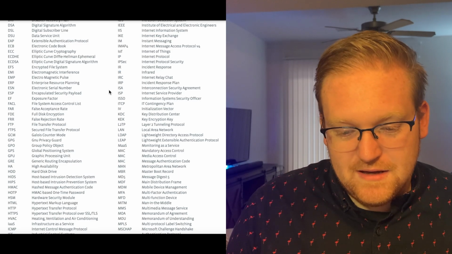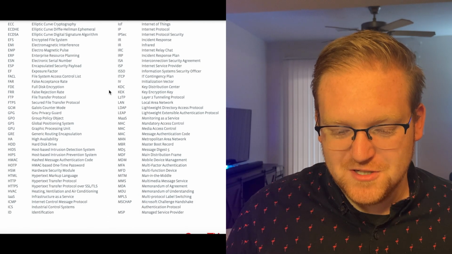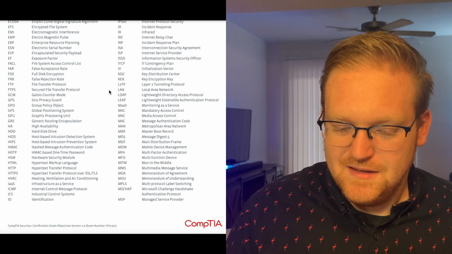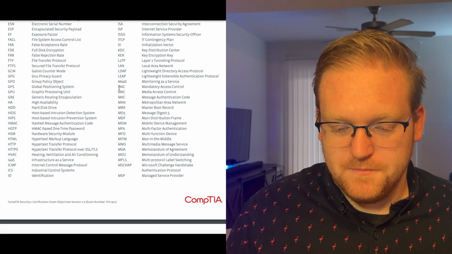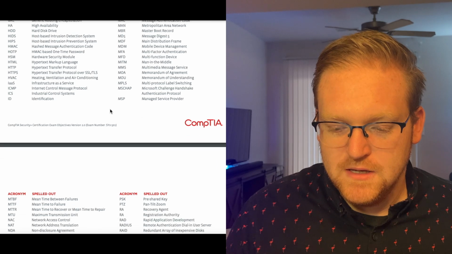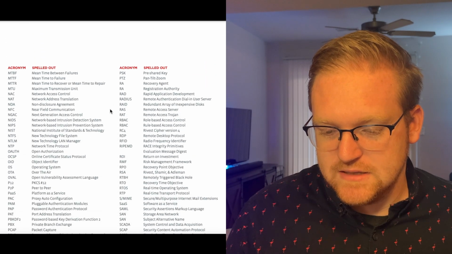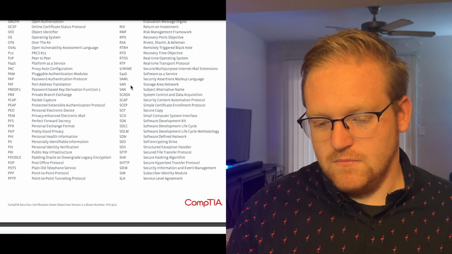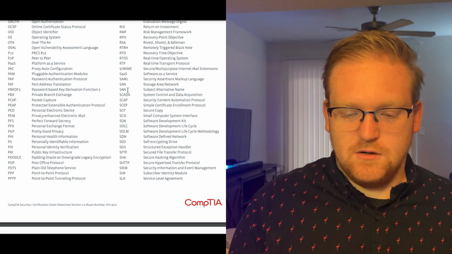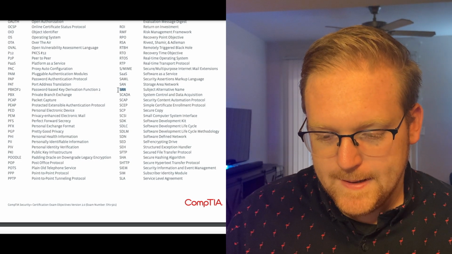I wish there was something we could do about that, but unfortunately there is not, because acronyms are designed to make things easier, and we just made them more complicated. So anyway, here's SAN and SAN: storage area network, subject alternative name. What? So that's effectively what you've got to worry about.